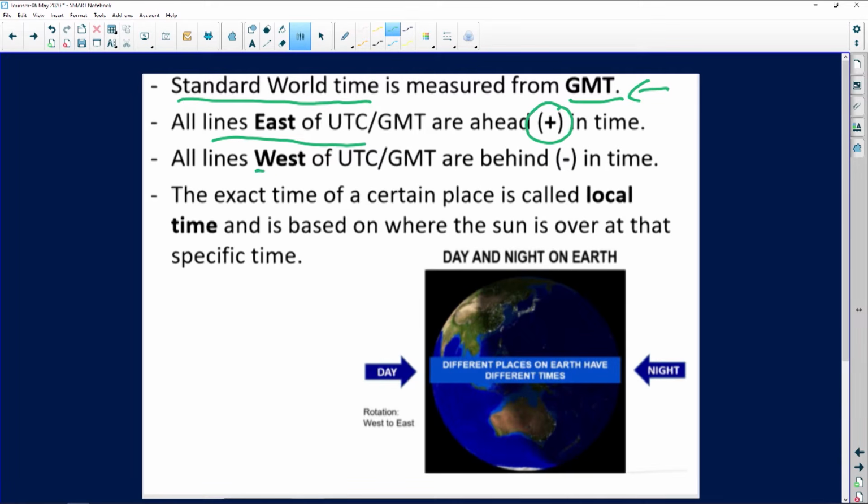All the lines west of the GMT, and another name I told you is the UTC, are behind standard world time. Right, guys? So from now on, and I might upset a few maths teachers and so on, please don't tell them you were taught by Mr. Paul Els.